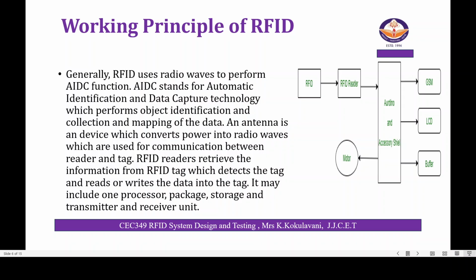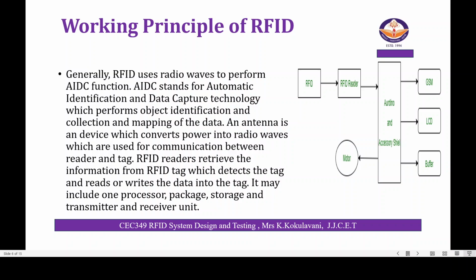Working principle of an RFID system. Generally, RFID uses radio waves to perform the AIDC function. AIDC stands for Automatic Identification and Data Capture technology, which performs object identification and collection of data.